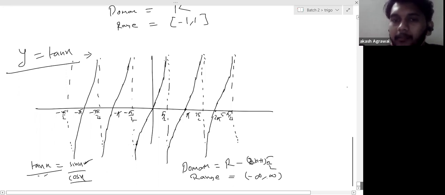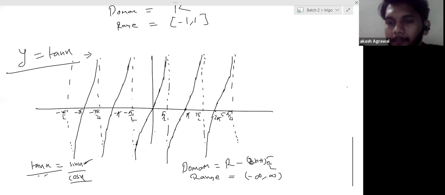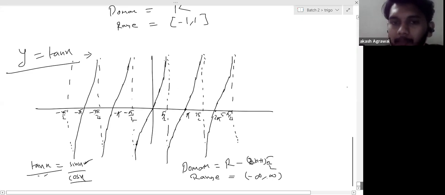And cos is 0 at odd multiples of pi by 2, right? Cos 90 is 0, 270 is 0, and so on, right? So at pi by 2, if you put the value, then sin pi by 2 is 1, cos pi by 2 is 0. So 1 upon 0 is infinite, right?